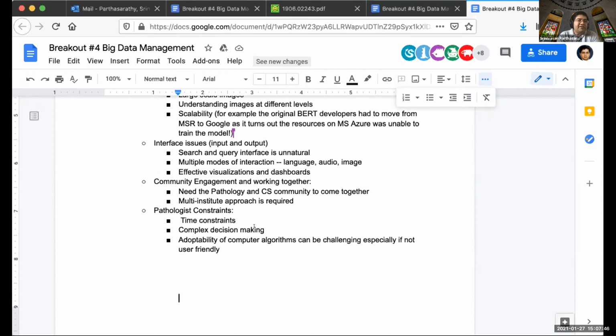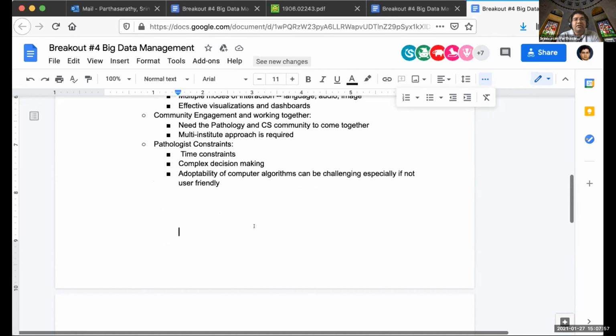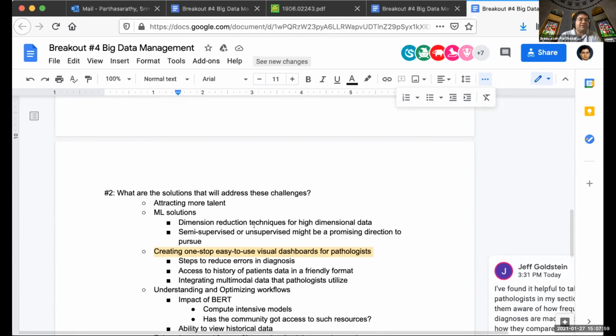So in some senses, some of this complex decision-making has to happen in certain cases in a time-constrained manner. And so adaptability can be challenging in these kinds of situations.